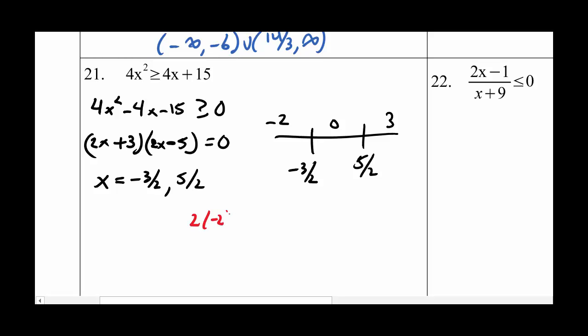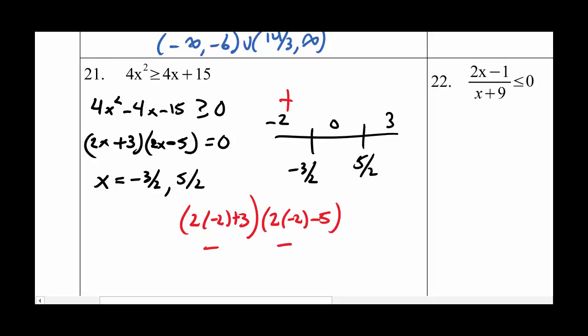So let's see, if I do 2 times negative 2 plus 3 times 2 times negative 2 minus 5. Well, here I get a negative and I get a negative, so that generates a positive value. So that means my y values are above the x-axis at that point.